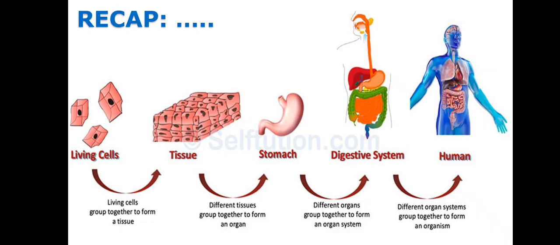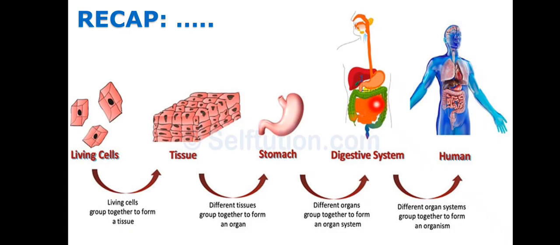Of course, I know that you know that from the tissue, you'll be able to move on to form an organ, for example, the stomach here. Then this organ will be able to combine with other different organs, of course specific ones, to come up with a system. For example, when you combine the stomach with the intestines, the gallbladder, the esophagus, they come up with the digestive system.